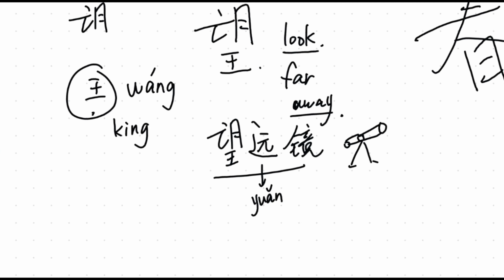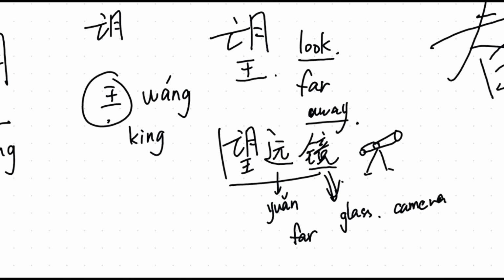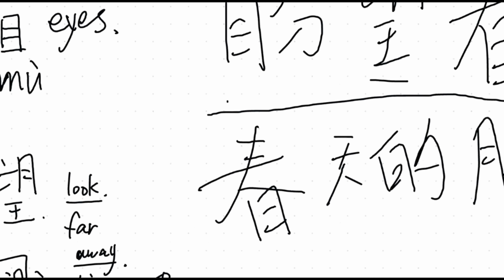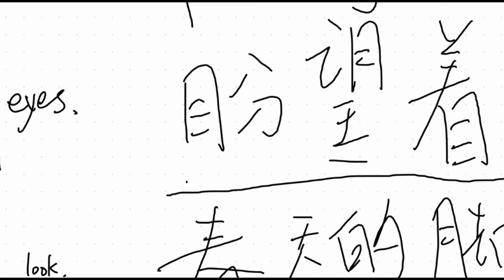This means far. And this means lens, camera, 镜. So now, 望. So the first two characters together, this first one, please do remember what's its meaning?